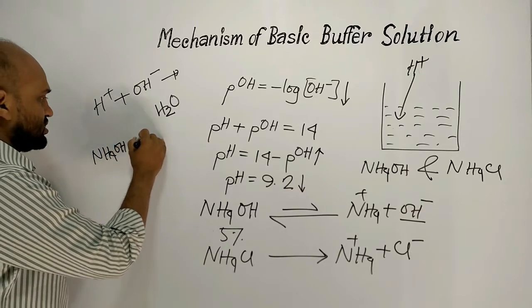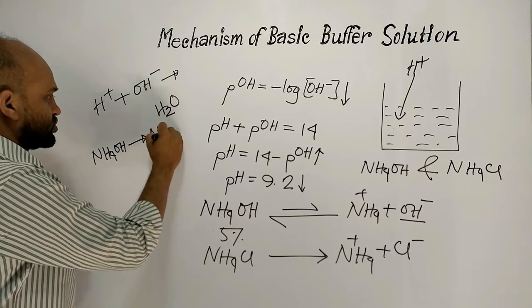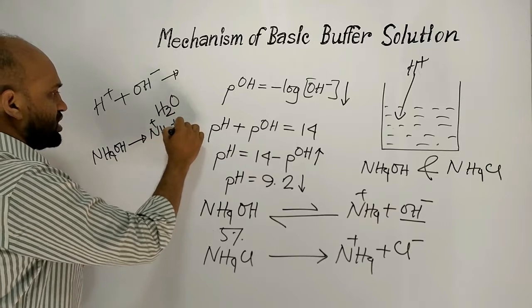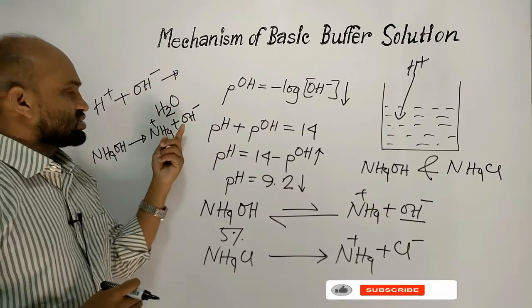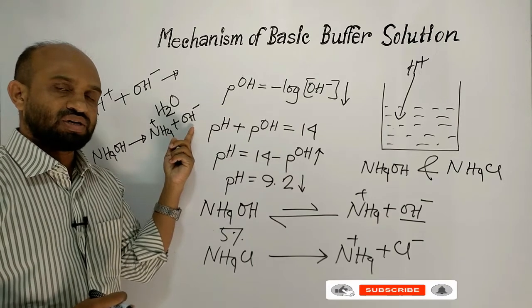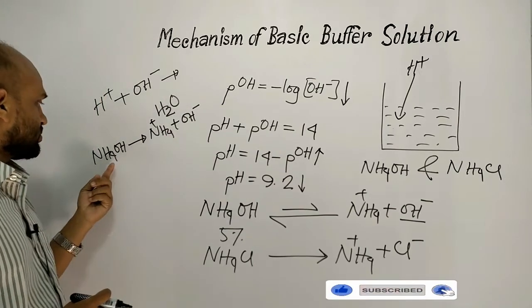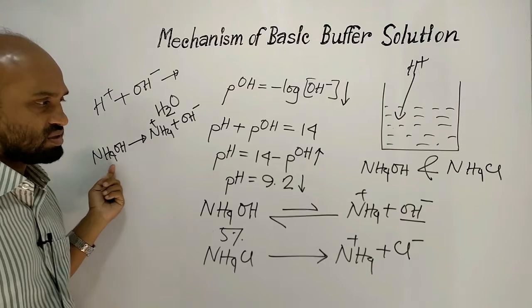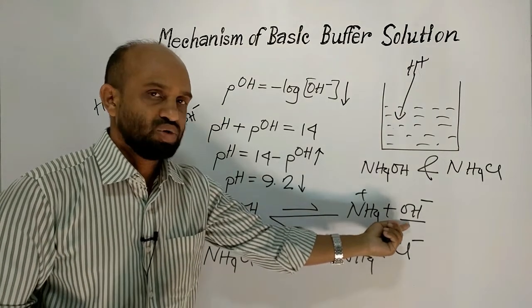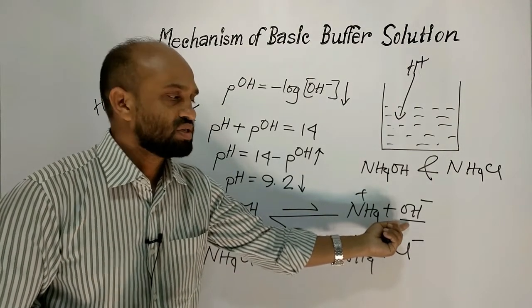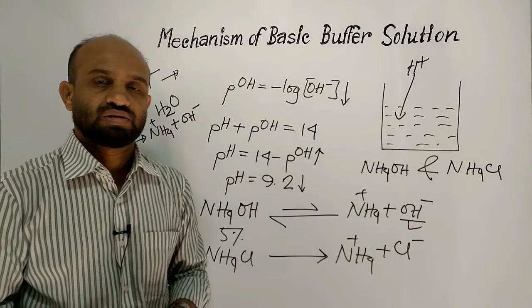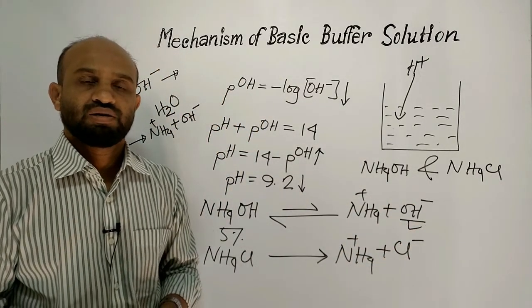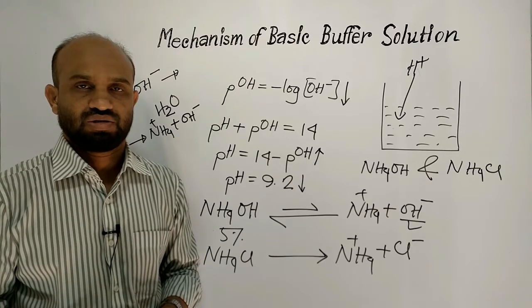Ammonium hydroxide ionizes to ammonium ion and hydroxide ion. So the hydroxide ion that is produced from ammonium hydroxide fills the vacuum of hydroxide ion that is consumed by acid added to the solution.